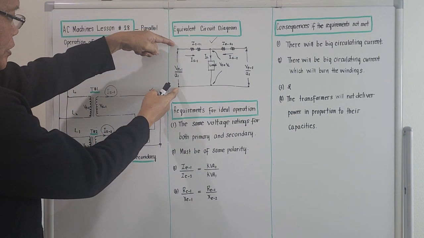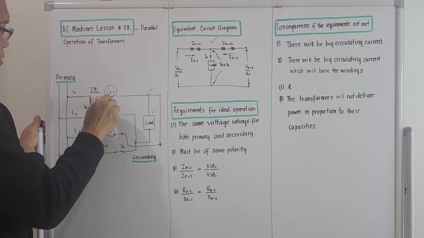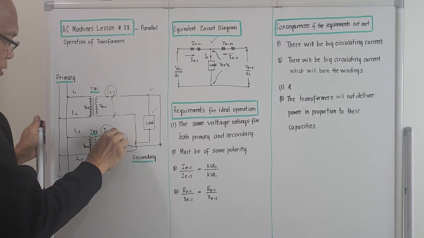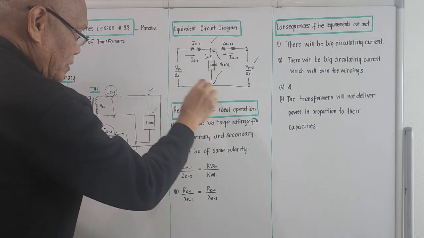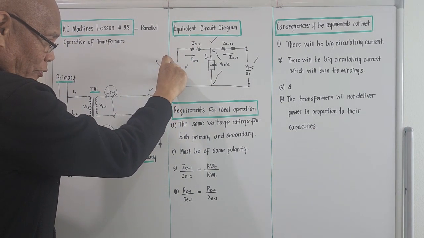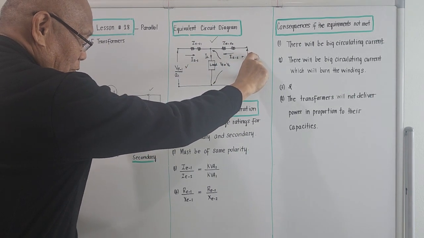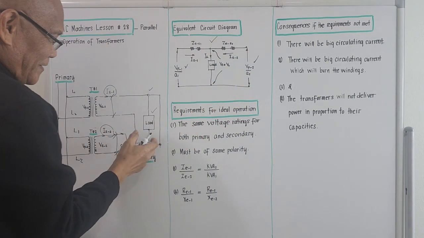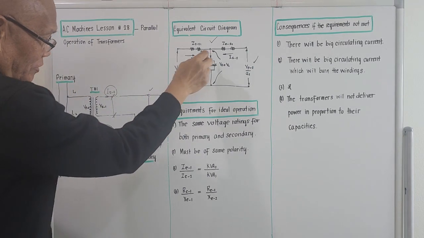This voltage here is the voltage across this, and this voltage here is this voltage here. So these are the secondary voltage of transformer number 1 and the secondary voltage of transformer number 2. They are connected to the same point on the terminals of the load.